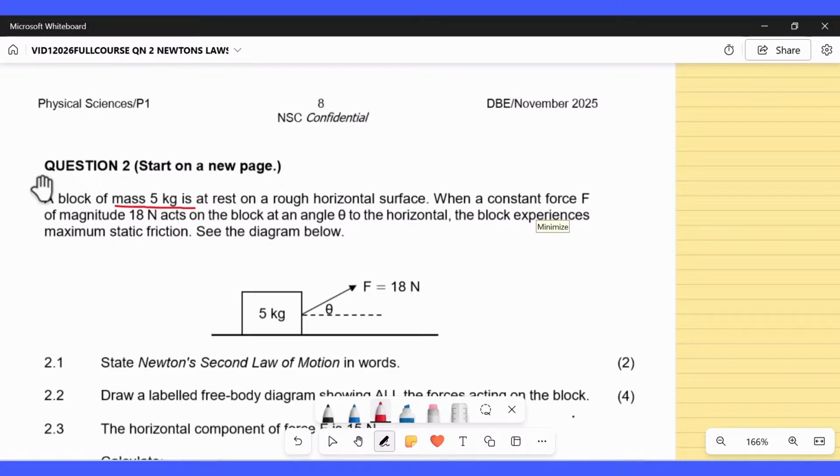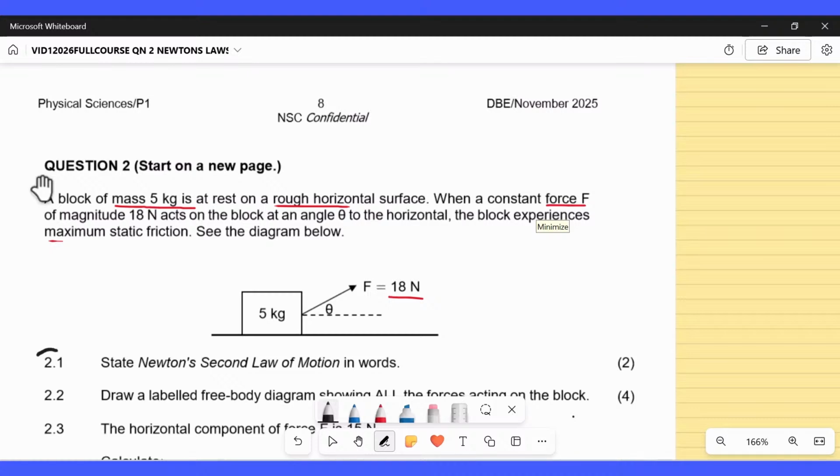So in our diagram here, as you can see, we have this force of 18 newtons, and it is acting at an angle theta, pulling this 5 kg block, which is on a rough horizontal surface, as they said. Now 2.1 they say, state Newton's second law of motion in words.